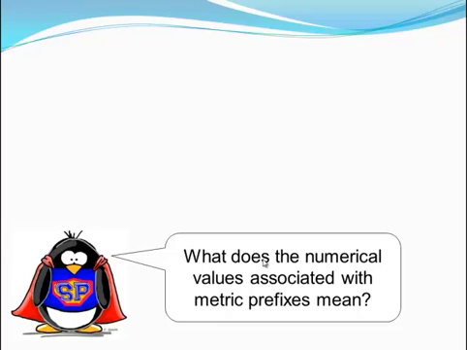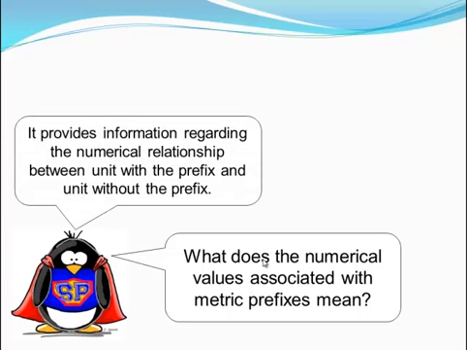What do the numerical values associated with metric prefixes mean? They provide information regarding the numerical relationship between units with the prefix and units without the prefix. Okay, it's important. So in this case, 1 kilometer is equal to 10 to the 3rd meter. You take the prefix k and you drop the k, and here is the equivalent.